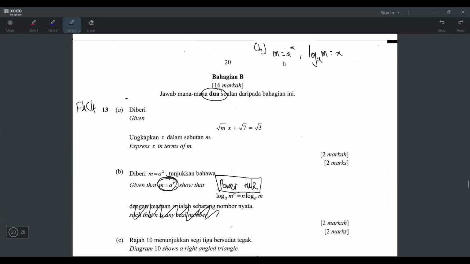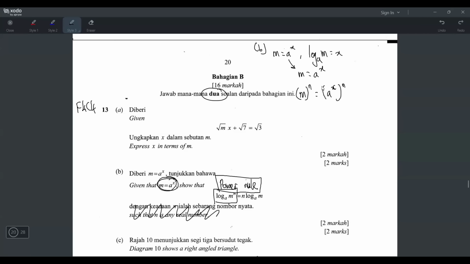Now I will start from here. I will write m equals a power x, and I will work towards getting this. How do you work towards this? First you need to power n, because the m has power n here. So you take both sides power n. This becomes m power n, and of course the a power x also has to be power n.